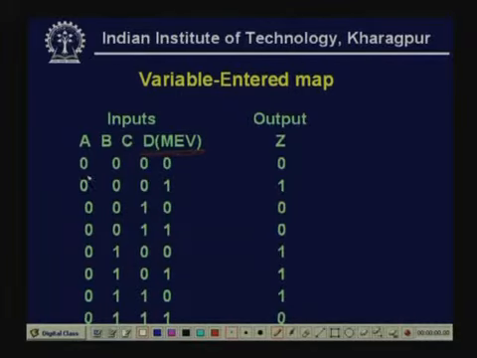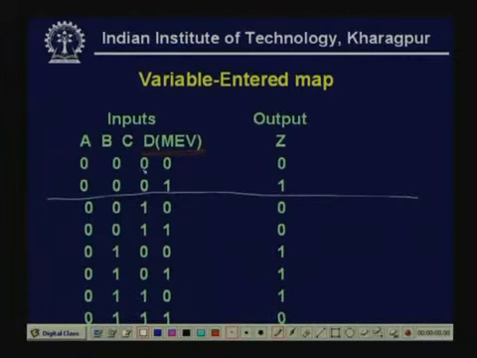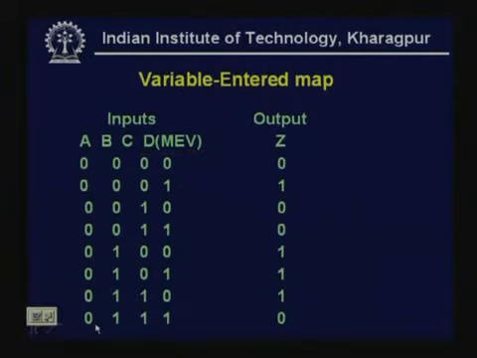Now when ABC is, actually we should draw a line here. Say ABC is 0 0 0, then D can be 0 or 1. If D is 0, Z is 0, if D is 1, Z is 1. Then how can I represent this?